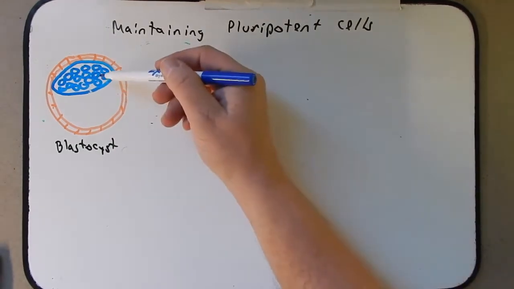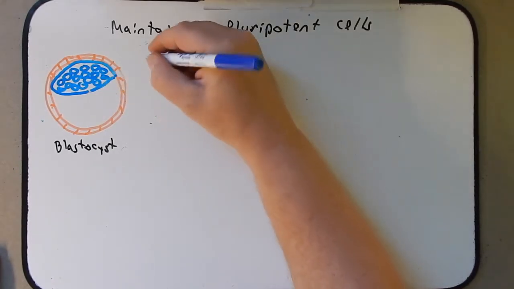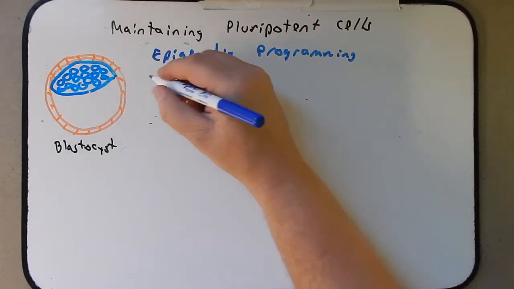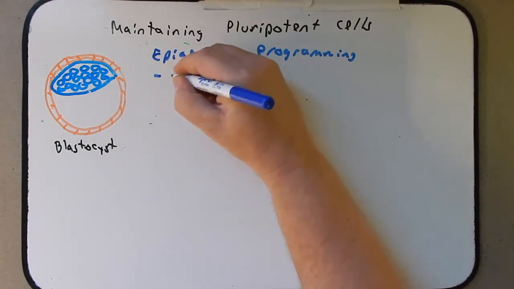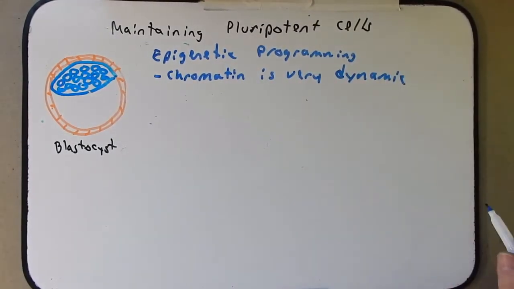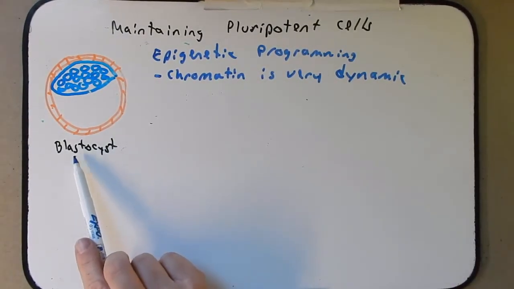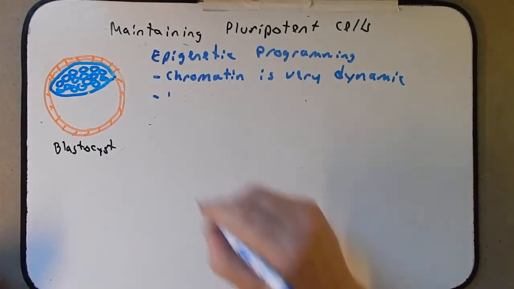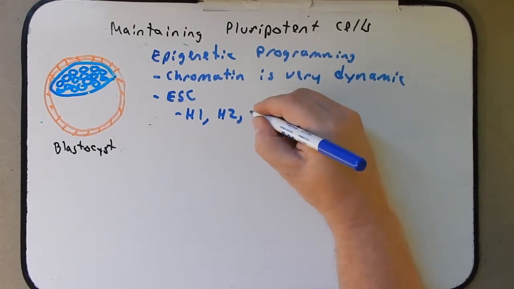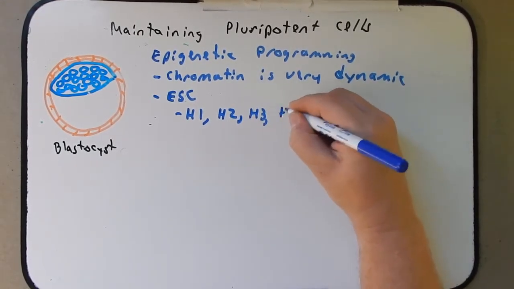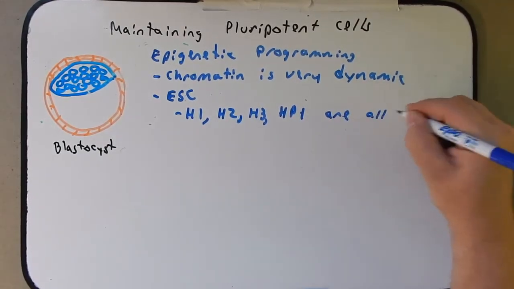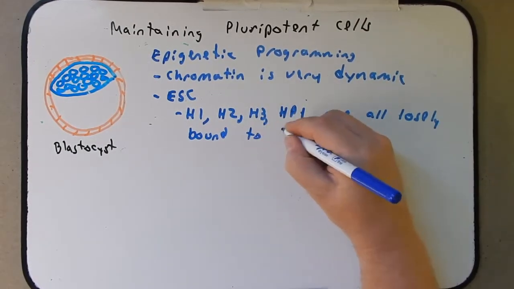So let's talk a little bit more about the epigenetic programming of these embryonic stem cells. Not surprisingly, this chromatin is very dynamic as it goes through differentiation and as it leaves the blastocyst for gastrula. In these embryonic stem cells, H1, H2, H3, and HP1, the heterochromatin forming protein 1, are all loosely bound to the chromatin.